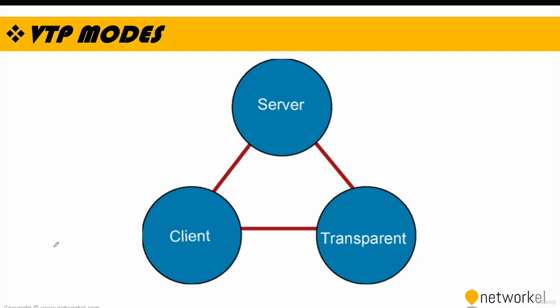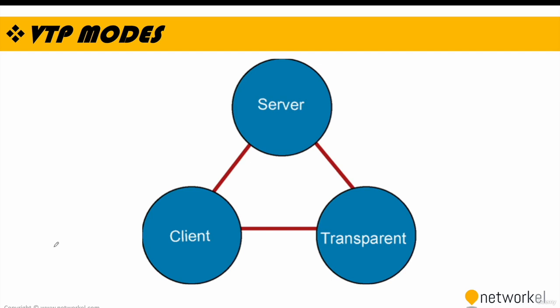But again, these changes are not propagated to other switches. The use case for transparent switches is for switches that require local VLAN management without affecting the overall VTP domain. So, in summary, server: full control over VLANs, manages VLANs for the entire domain.